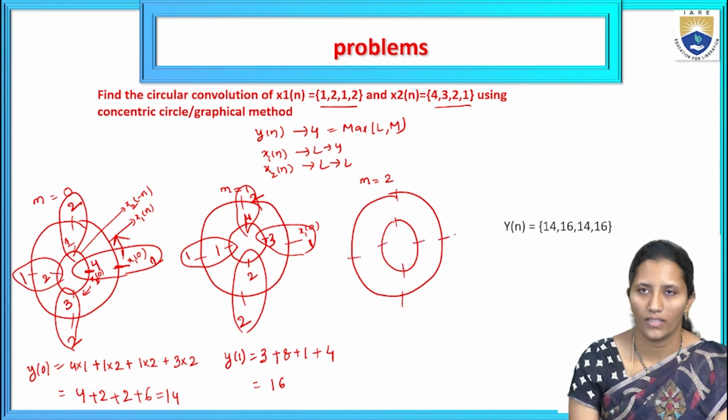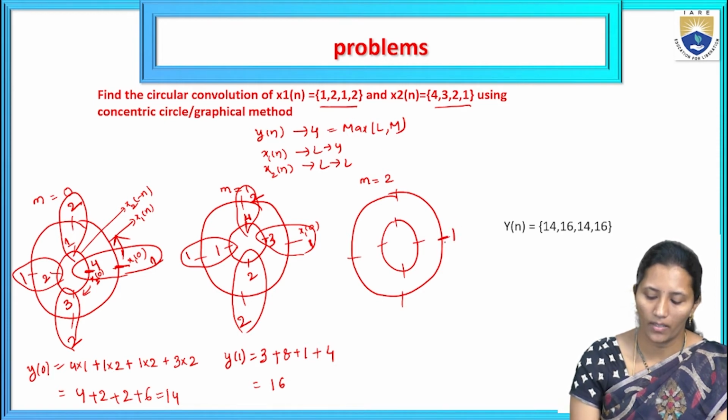the outermost circle should not change, and it will be plotted in the anti-clockwise direction, starting from here 1, 2, 1, 2. The innermost circle we have to shift by 2 samples. The x2 of minus n will be shifted by 2 samples, that is, the inner circle should be shifted by 1 more unit than before.